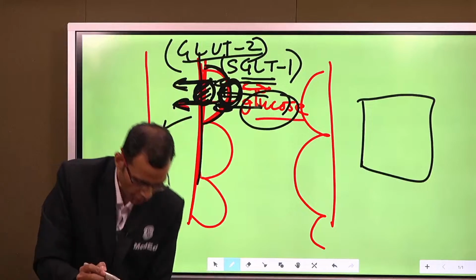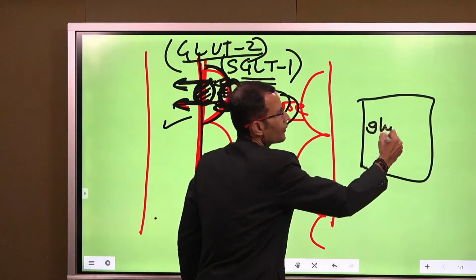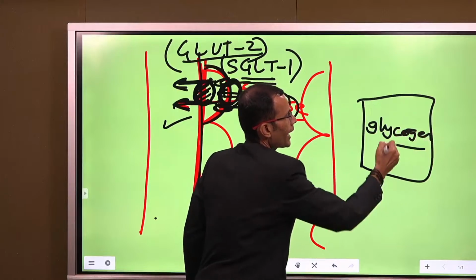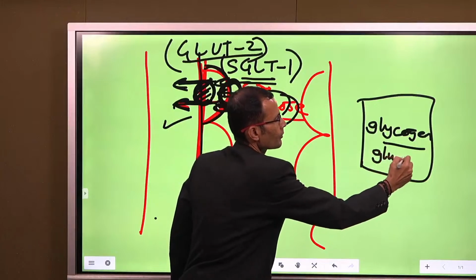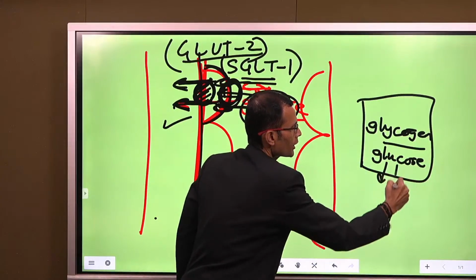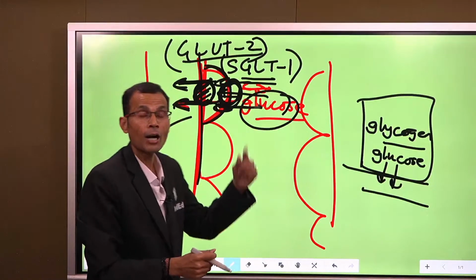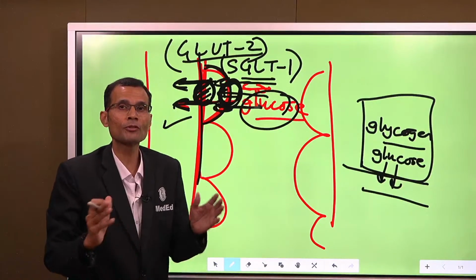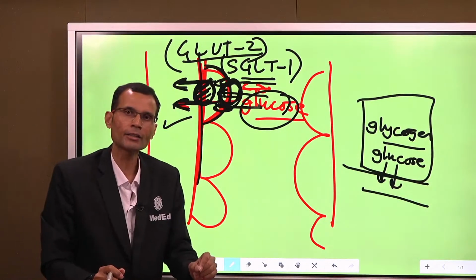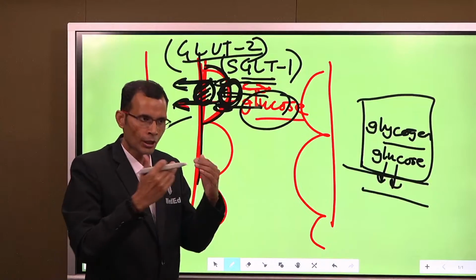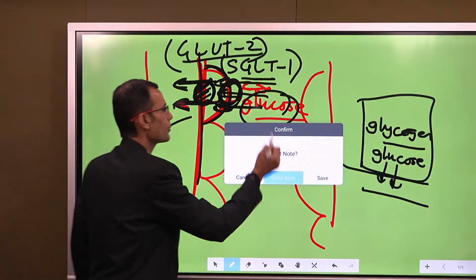Glycogen is stored in the muscle or in the liver. Whenever we need glucose in the blood, this glycogen will be broken down and glucose will be formed. This glucose will come out of the cell and enter the blood vessel. Which transporter will be utilized? GLUT2. So remember this one fact, which will be useful for your further understanding of the subject and for the exam.